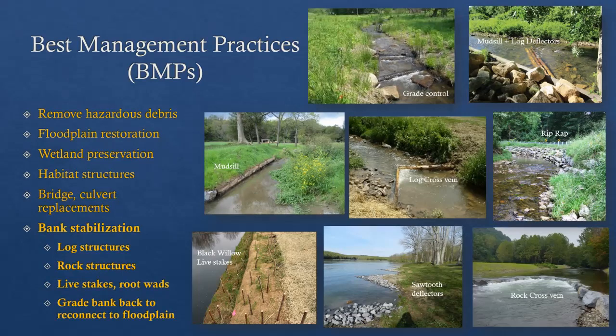We can use habitat structures that also serve as stabilization structures that you see in those photos there. And sometimes we have undersized bridges and culverts that could also be improved. But bank stabilization is what I wanted to focus the most on in this slide. You can see there's a whole bunch of different structures that are available to us and that we use in our designs when we do projects here at the district.